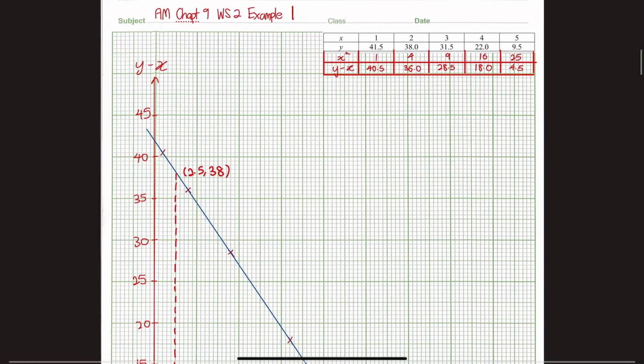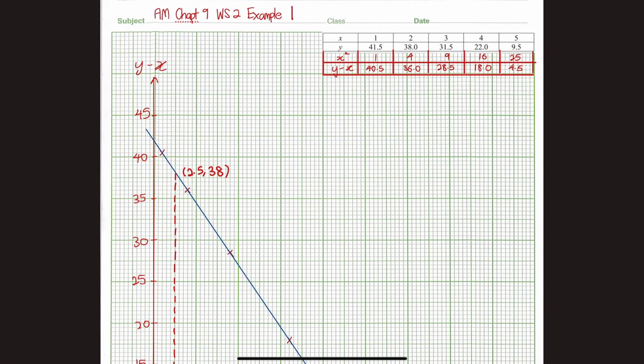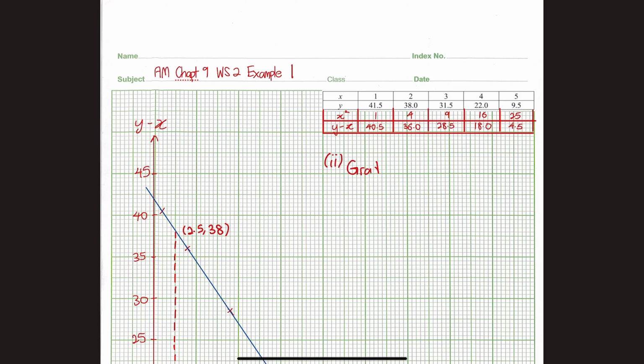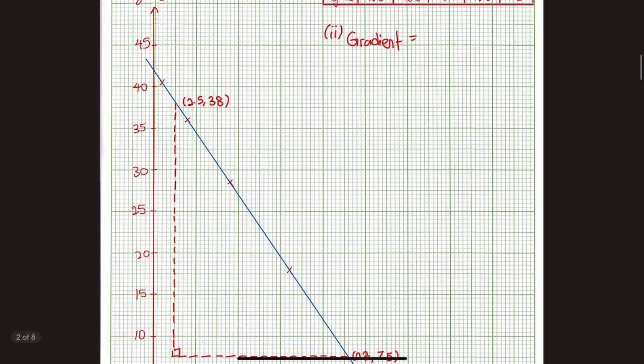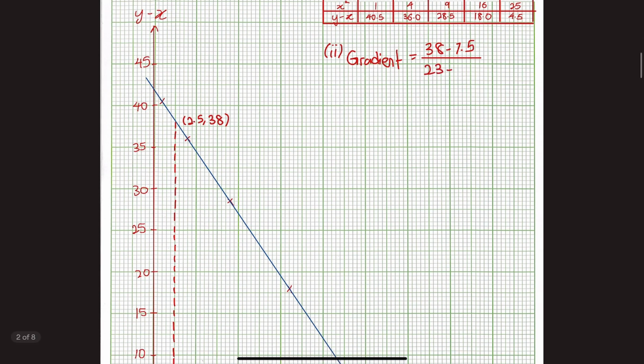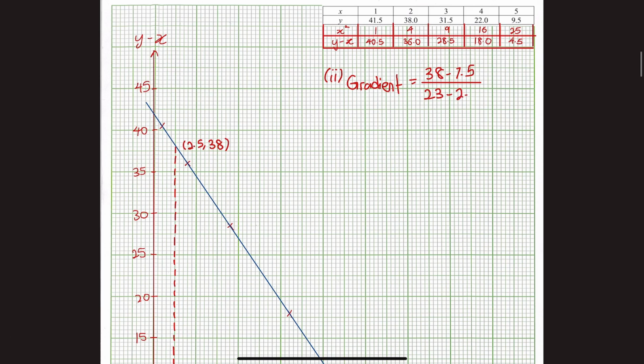Okay, so therefore over here, we can calculate now the gradient. Gradient of the line is simply y2 minus y1, which is 38 minus 7.5 over 23 minus 2.5.